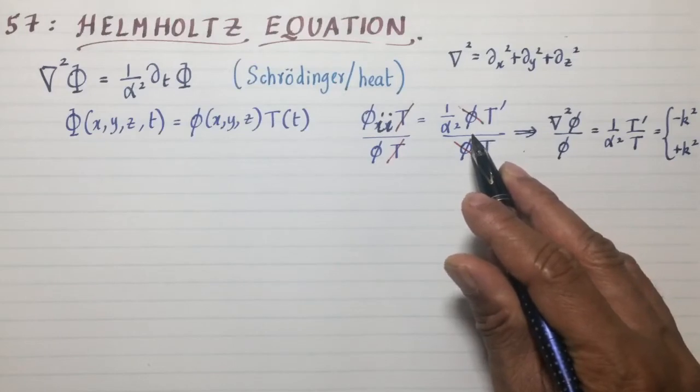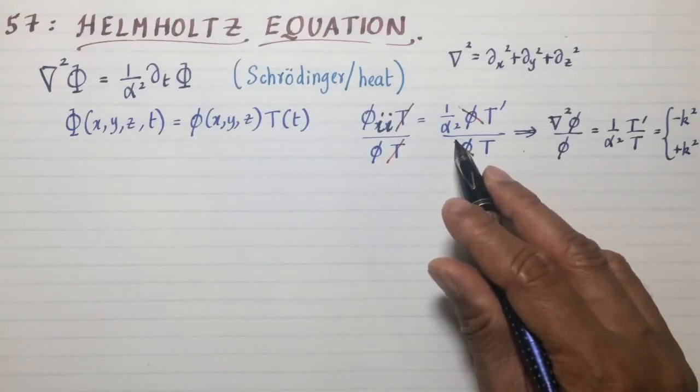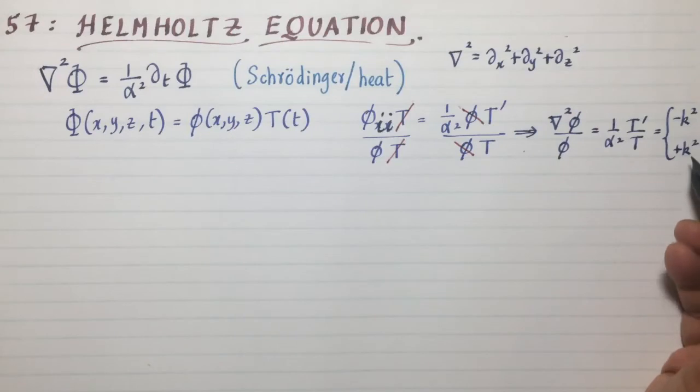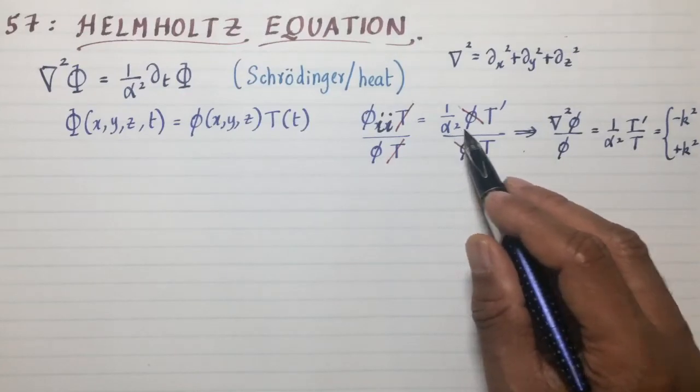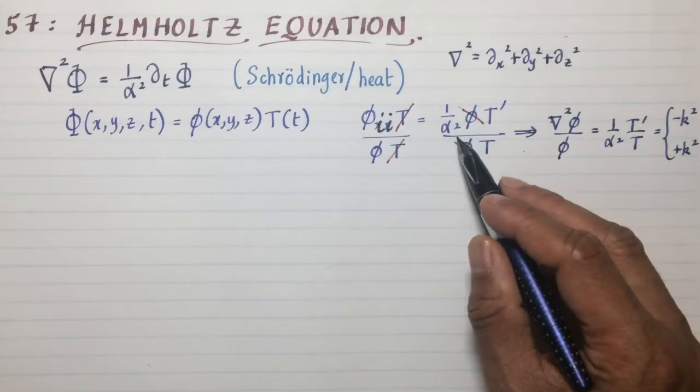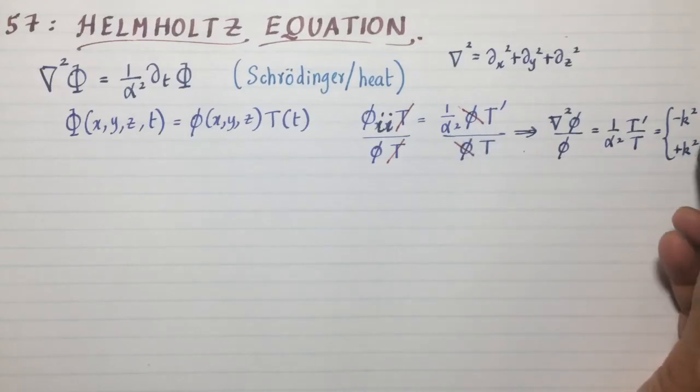So for alpha squared to end up being negative, you need to choose the plus k squared in quantum mechanics, because alpha squared in quantum mechanics itself is negative. But in the heat equation, alpha squared is positive. So there you have to choose the negative k squared.